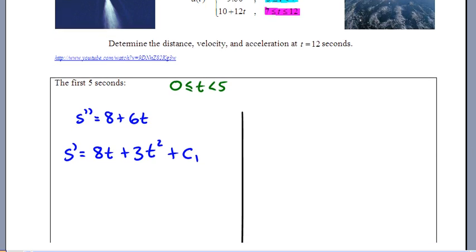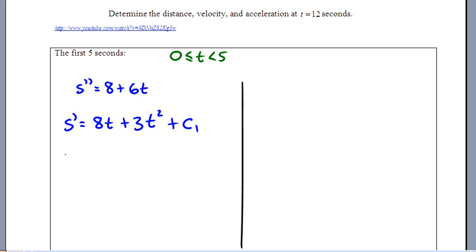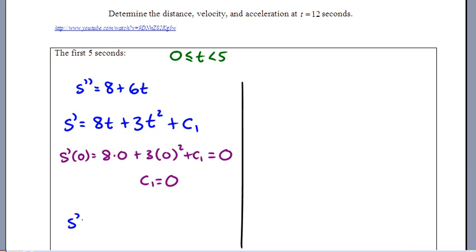Since this thing starts from rest, the s prime at time 0 would be 8 times 0 plus 3 times 0 squared plus C1, which has to be nothing so that we can start from rest. And that solves C1 pretty quickly. C1's got to be nothing. So we can make this official. The velocity for the first 5 seconds, this only works for the first 5 seconds, would be 8t plus 3t squared.